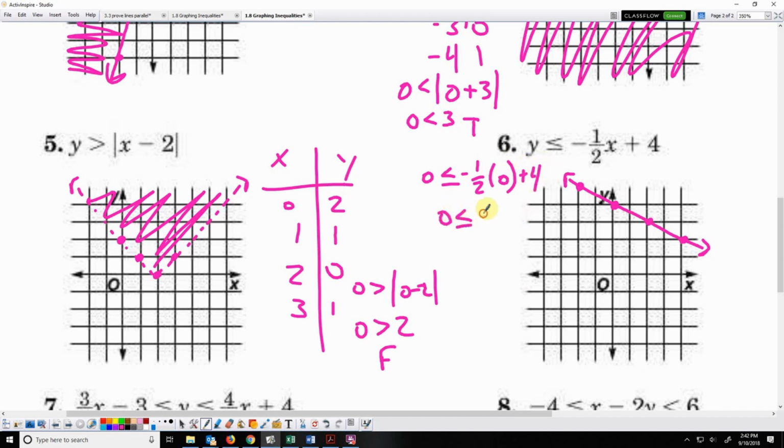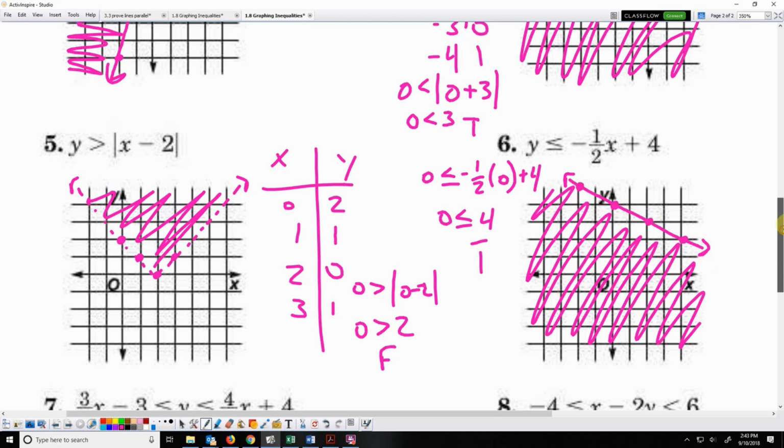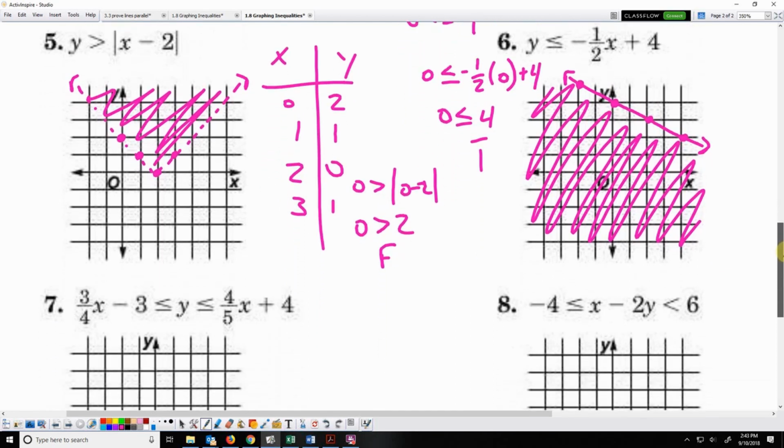So 0 is less than or equal to 4. That is a true statement. The origin makes a true statement, so everything else on the same side of the line will also make a true statement. Okay, so everything down here in the shaded region and everything on the line will satisfy the inequality.